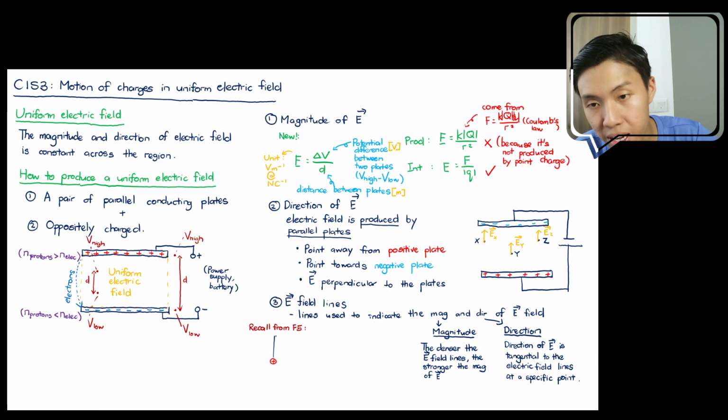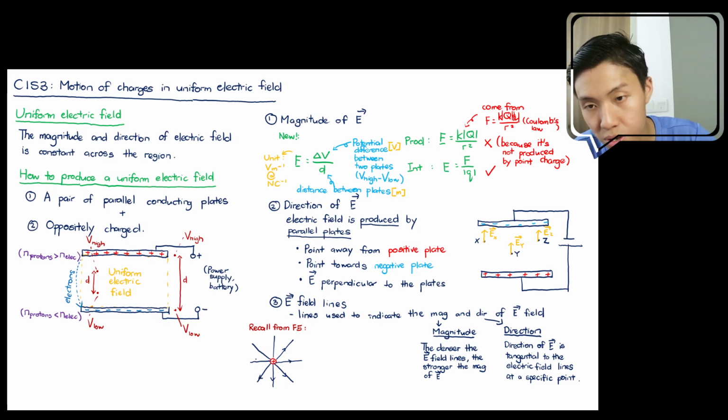You will have lines pointing out of the positive charge. It's something that you have learned before in school, but it's actually not in the matric syllabus. So you know that the lines will be pointing out like this.